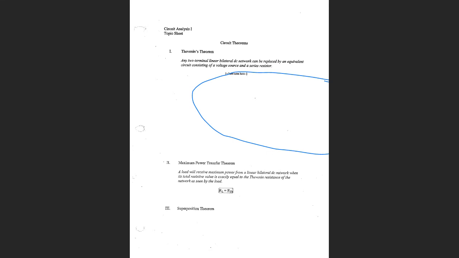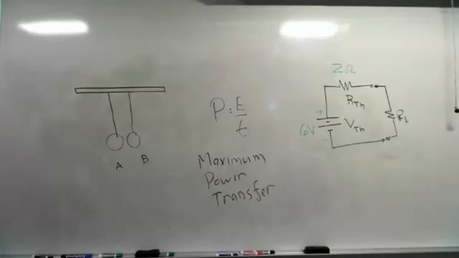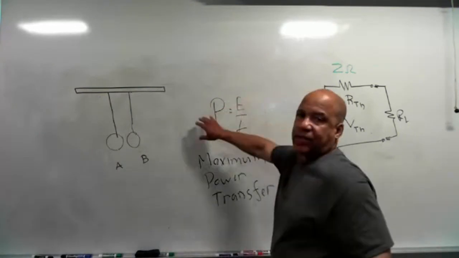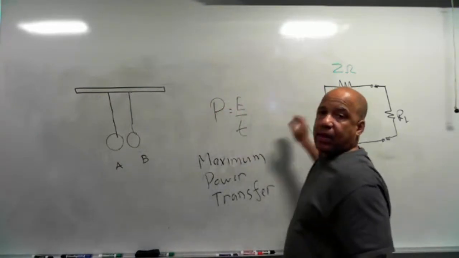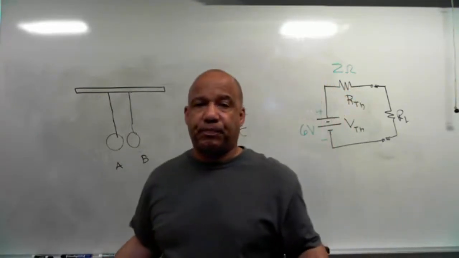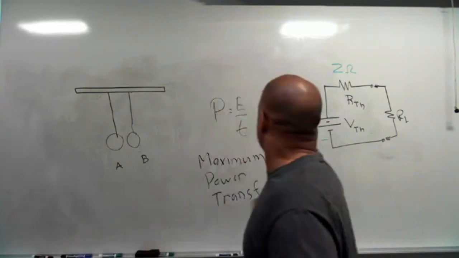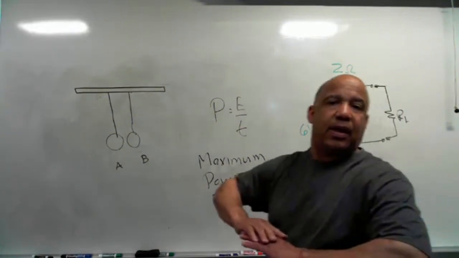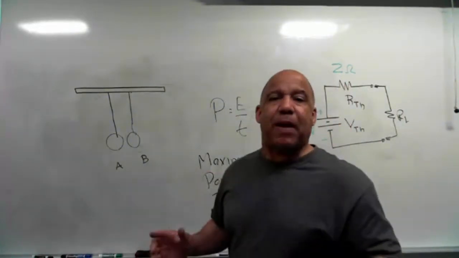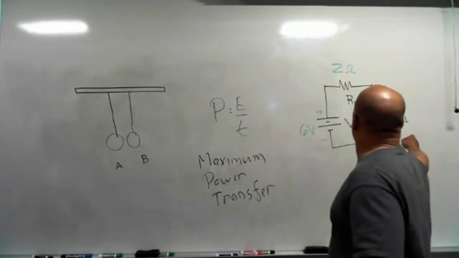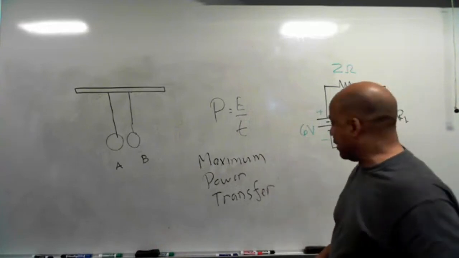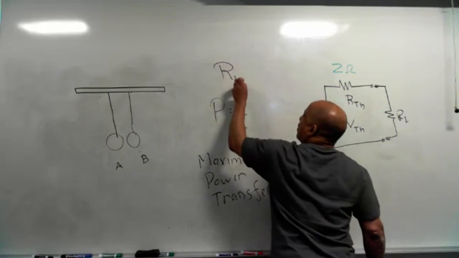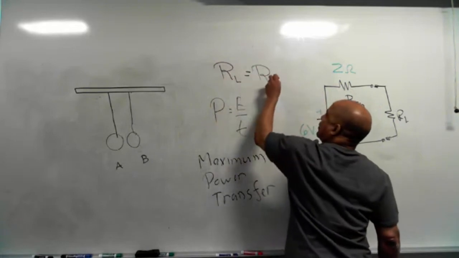In other words, guys, whatever this device is that we got this circuit from, I can hook up as a load any value resistor I want. But if I want maximum power to go from the voltage source to the load, there's only one resistor I can hook up, and it's a resistor where RL equals RTH.